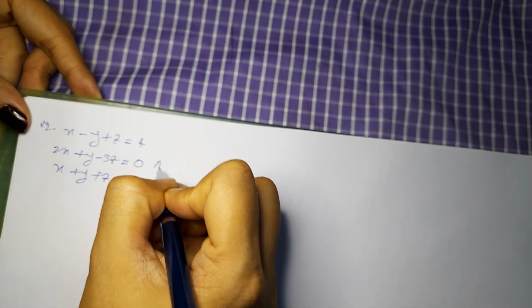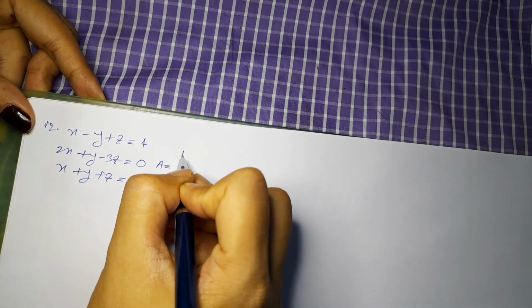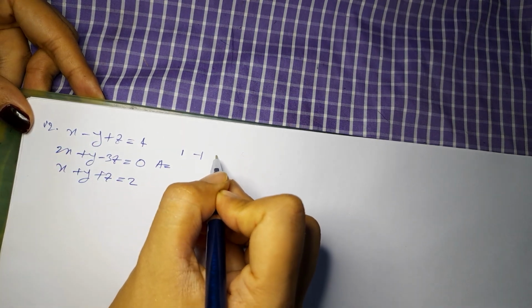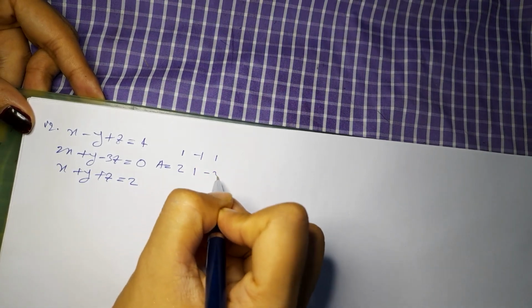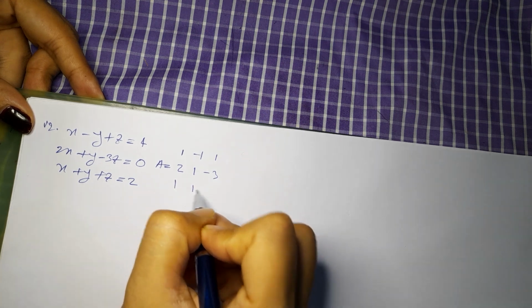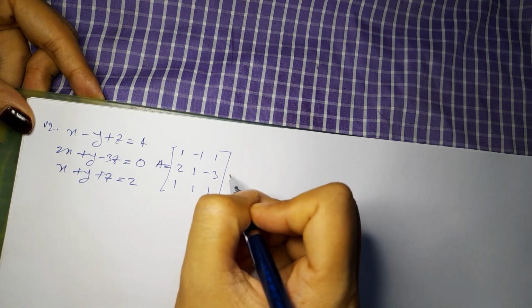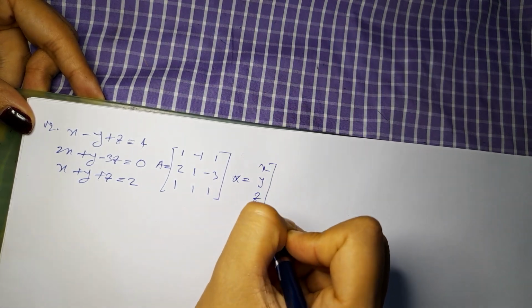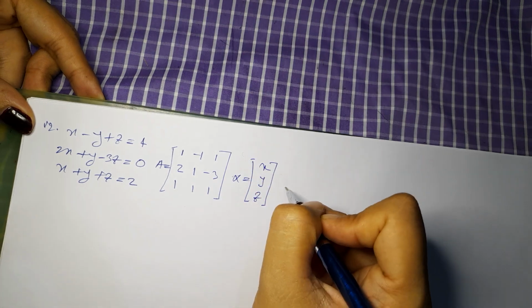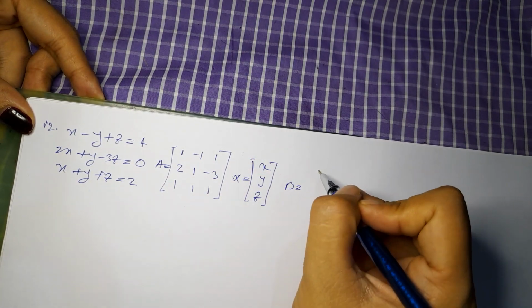From here we need the matrix A. We are going to find x, y, z. Our matrix A will be 1, minus 1, 1, the coefficients of x, y, z; then 2, 1, minus 3; then 1, 1, 1. This is A, and X is the unknown, that is x, y, z. We have the unknown x, y, z, and we have B, the constants 4, 0, 2.